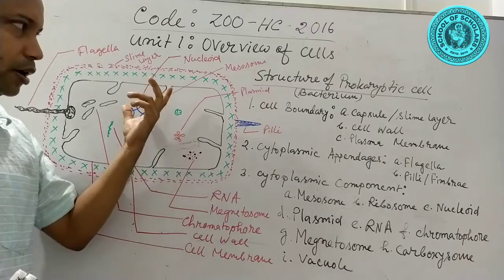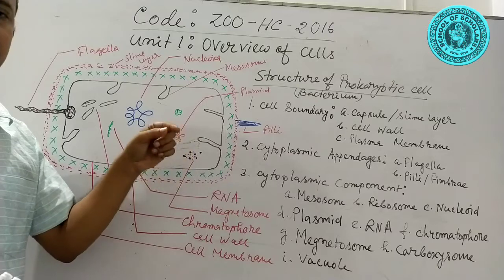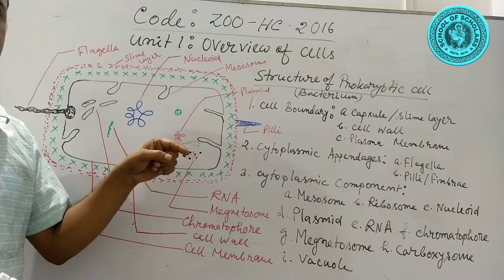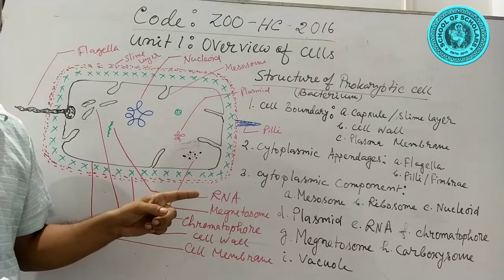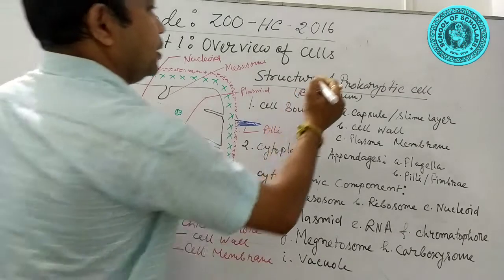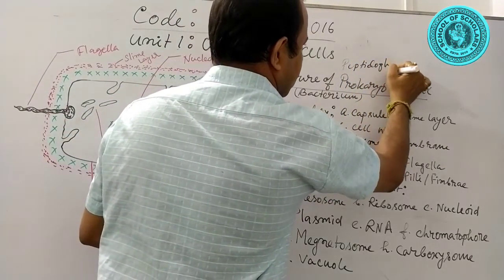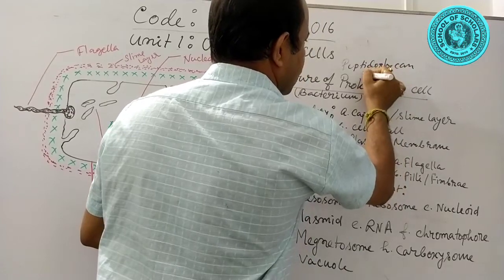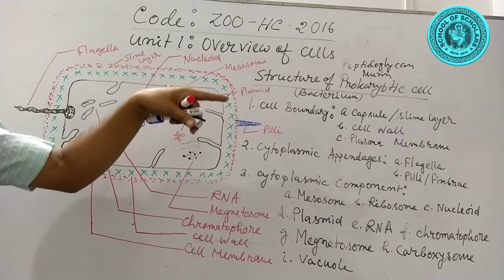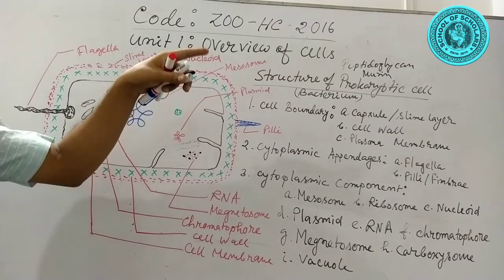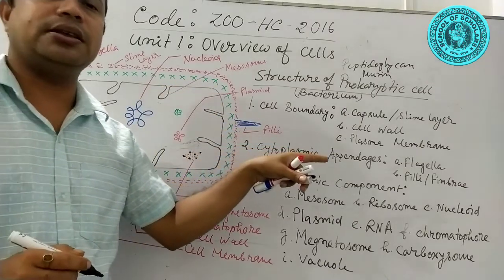The chemical composition of the cell wall of bacteria is peptidoglycan, or murein, and it is chemically a mucopolysaccharide.